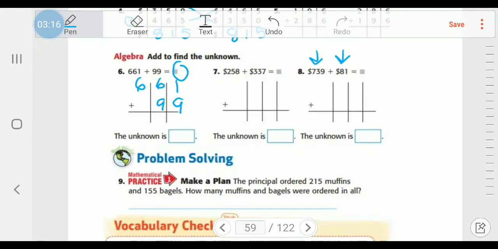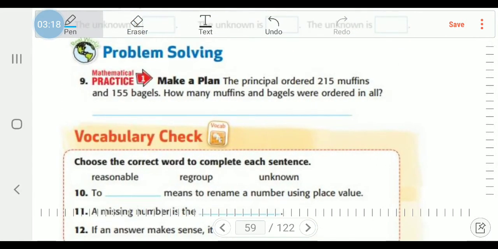Now, problem solving down at the bottom says, make a plan. The principal ordered 215 muffins and 155 bagels. How many muffins and bagels were ordered in all? If I look at 215 muffins and 155 bagels, I'm asking myself, what kind of a story is this?